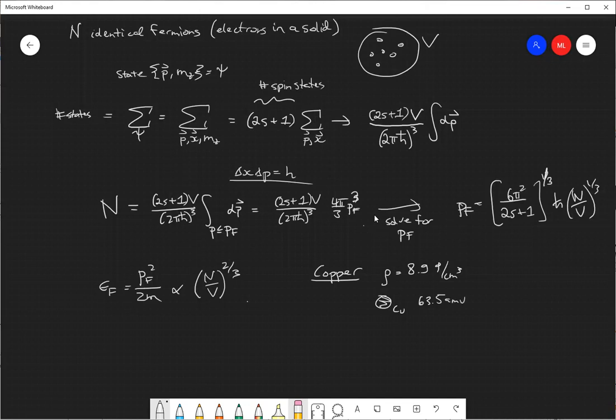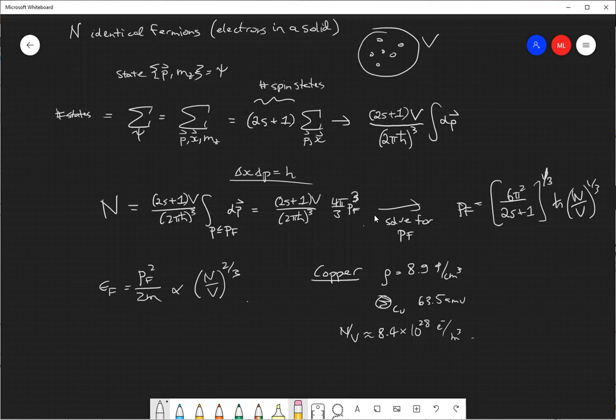You can use that to calculate what N over V is for the electrons it contributes, and you find that it's about 8.4 times 10 to the 28 electrons per cubic meter. Well, obviously a big number because everything is small.